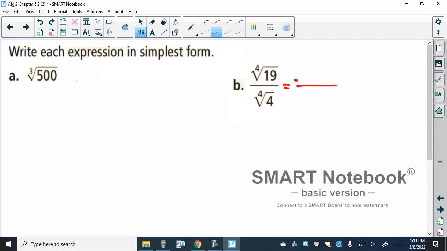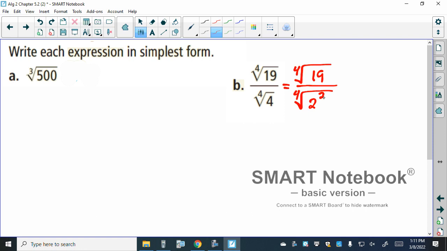So what I'm looking for is to see if I can rewrite 4 as a number to a power. Because 4 is 2 squared.